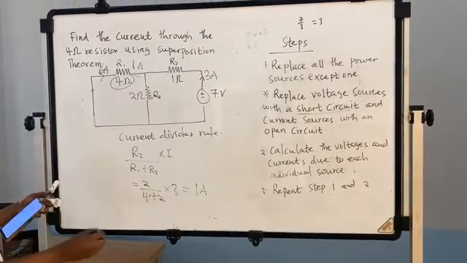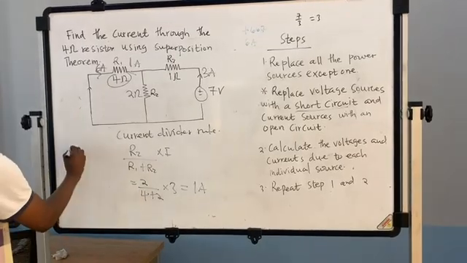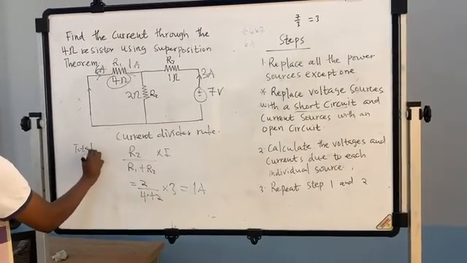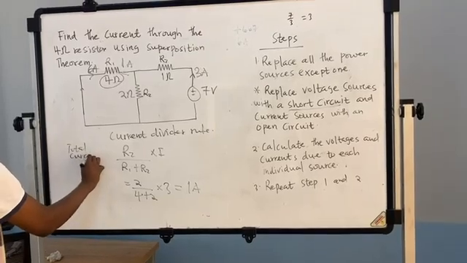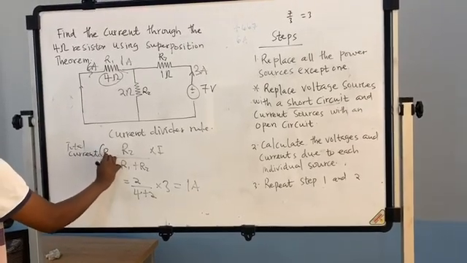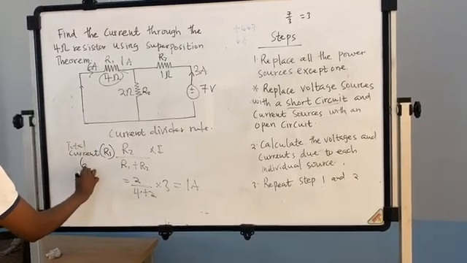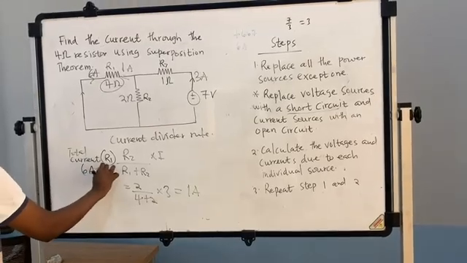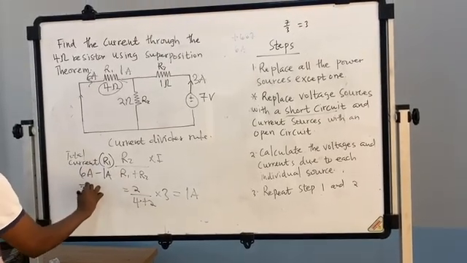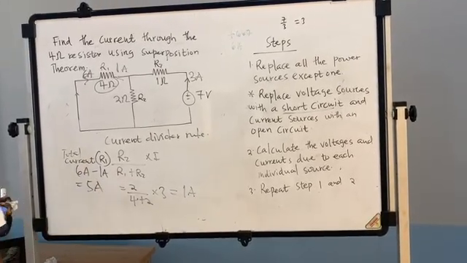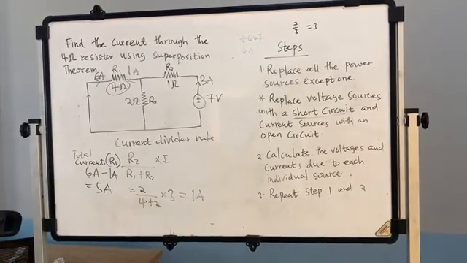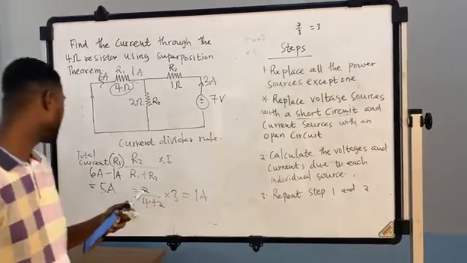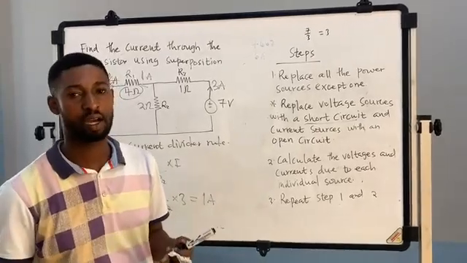So the total current flowing through R1 will be equal to 6 amps minus 1 amp, which is 5 amps. So using superposition theorem, the current flowing through resistor R1 is 5 amps.